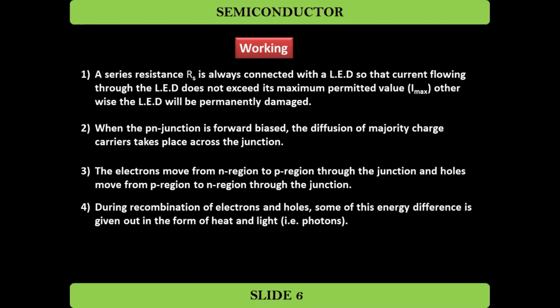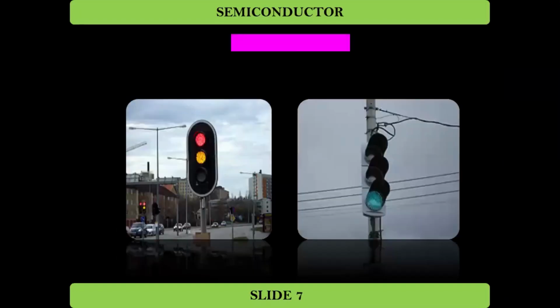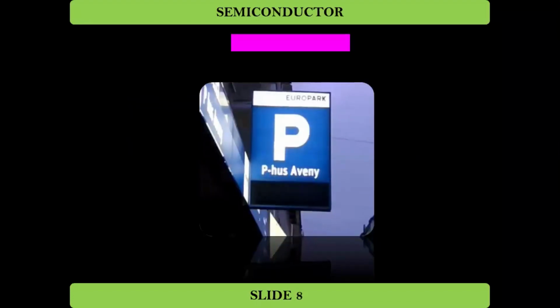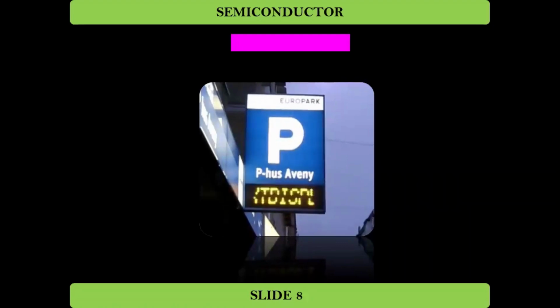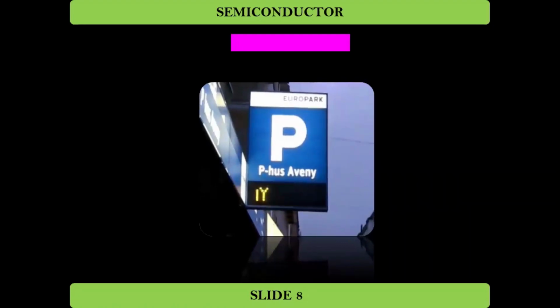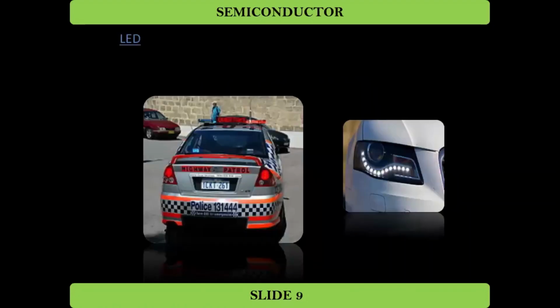Now, where do we use light emitting diodes or LEDs? For traffic signals, you can see we use light emitting diodes in this manner. The headlights are also made up of LEDs at times.